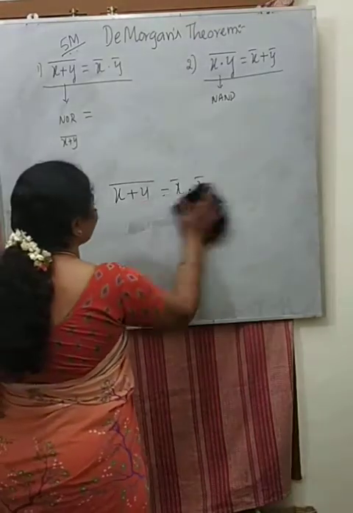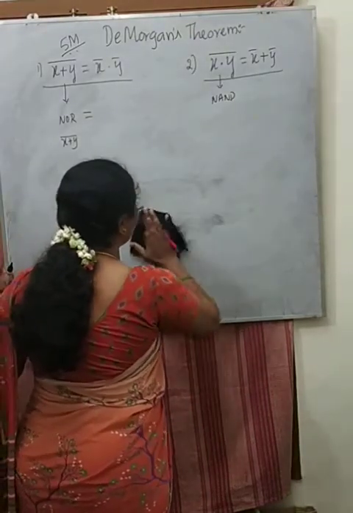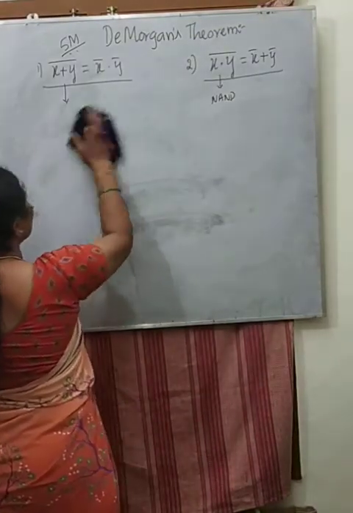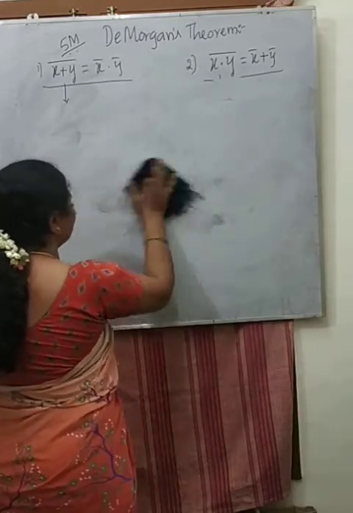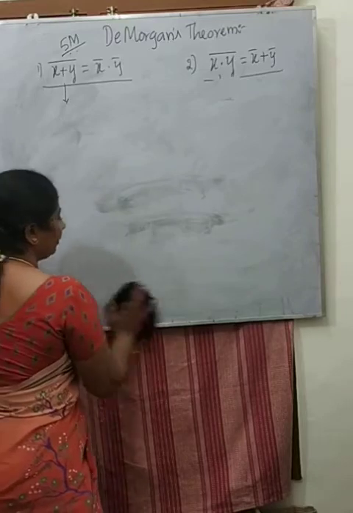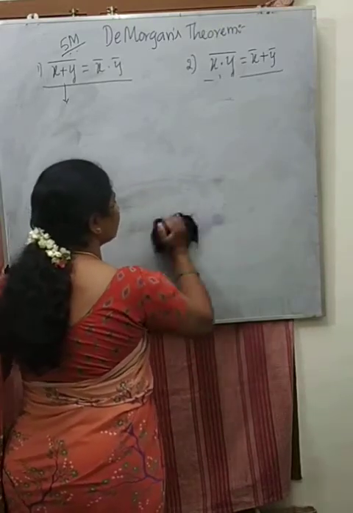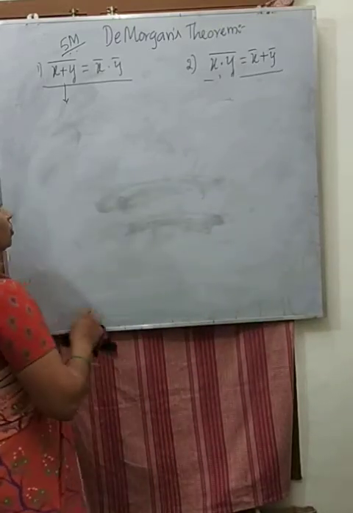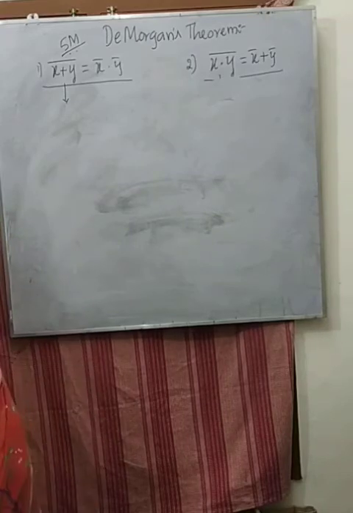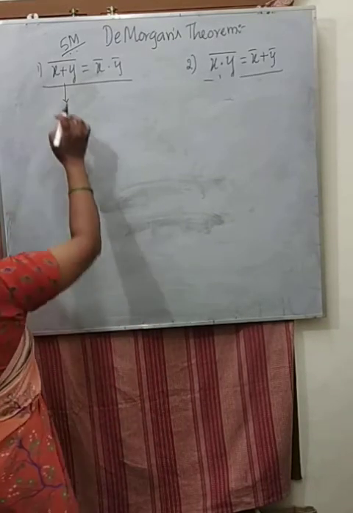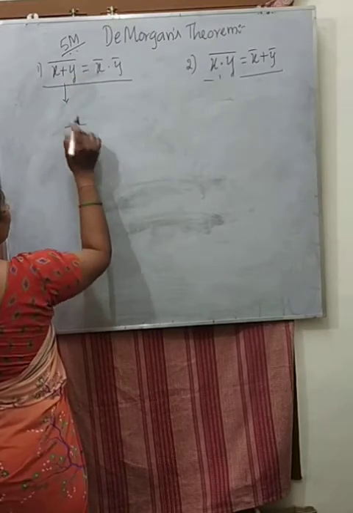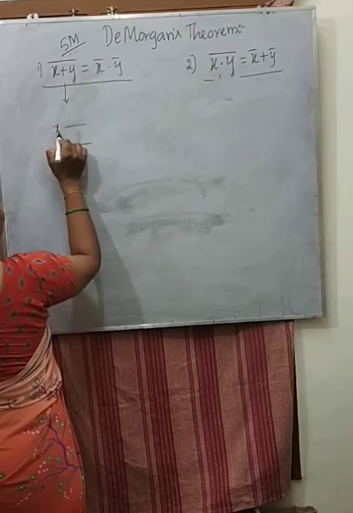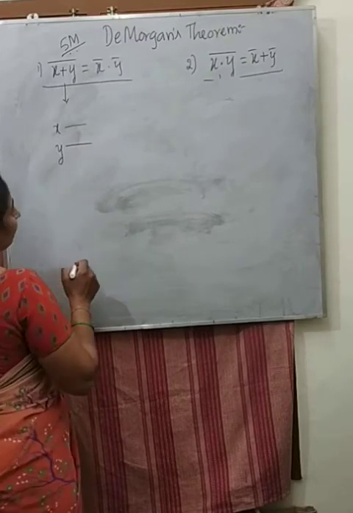Then whatever we have defined in the statement, we will write in the truth table, which we have already discussed. And we'll also write the digital circuit diagram using this expression. Here 2 inputs are there, x and y.